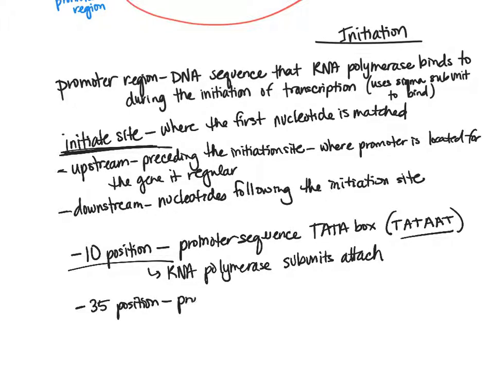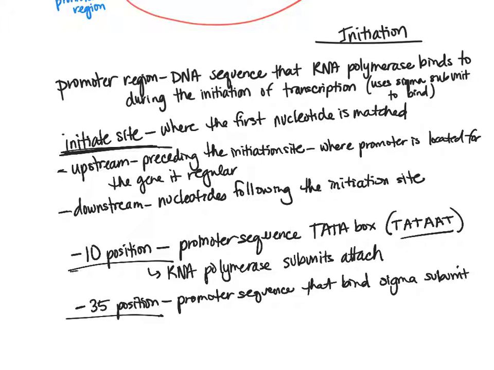So this is also a promoter sequence. And this one is going to bind that sigma subunit. So what we see is that at the -10 position, we have all of these proteins, or core proteins of that RNA polymerase, that are going to attach, these subunits attached to the -10 position.